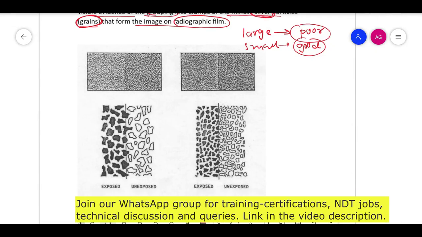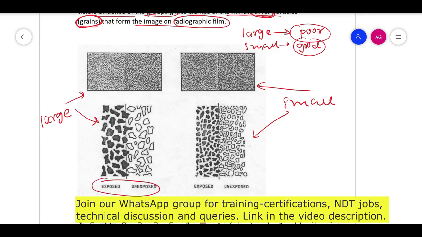So look here in this film, the one on the right side has small grain. You can see this is your small grain. Whereas the one on the left side has large grain. In the film of large grain, the line between underexposed and exposed is very less visible.